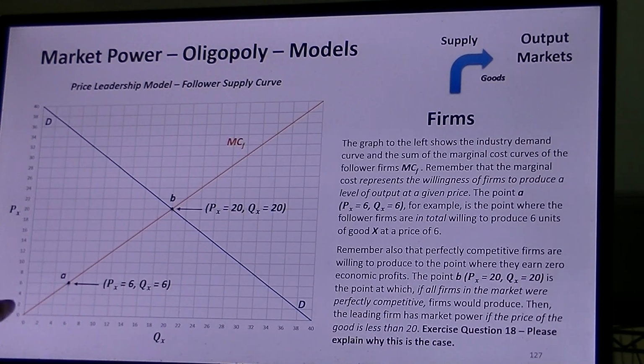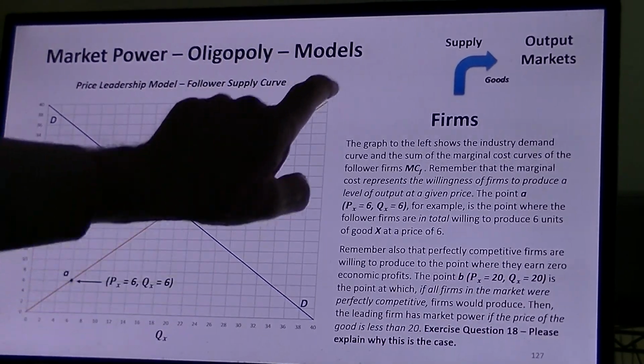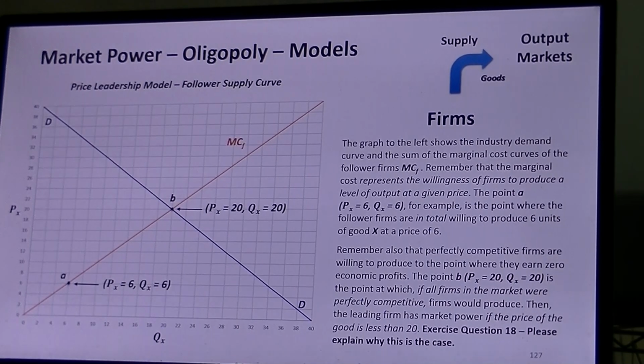So again, the upward sloping marginal cost curve represents the total supply curve of the follower firms.